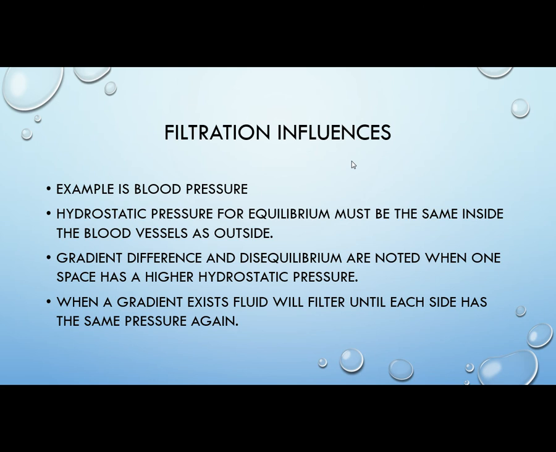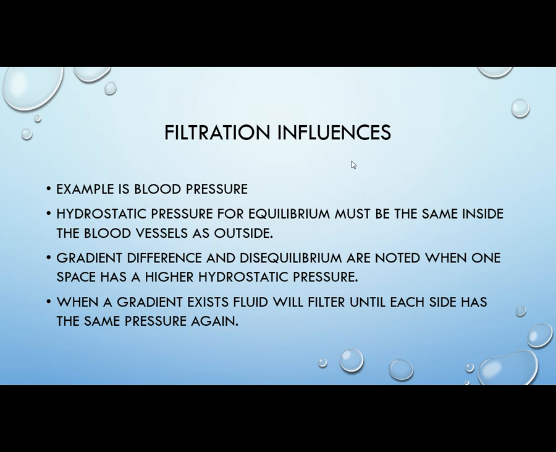All right, filtration influences. One example of this would be blood pressure. You know, your hydrostatic pressure, you have to form equilibrium so that the fluids on both sides of the vessel are at the same level. Otherwise, you are going to have a filtration through.